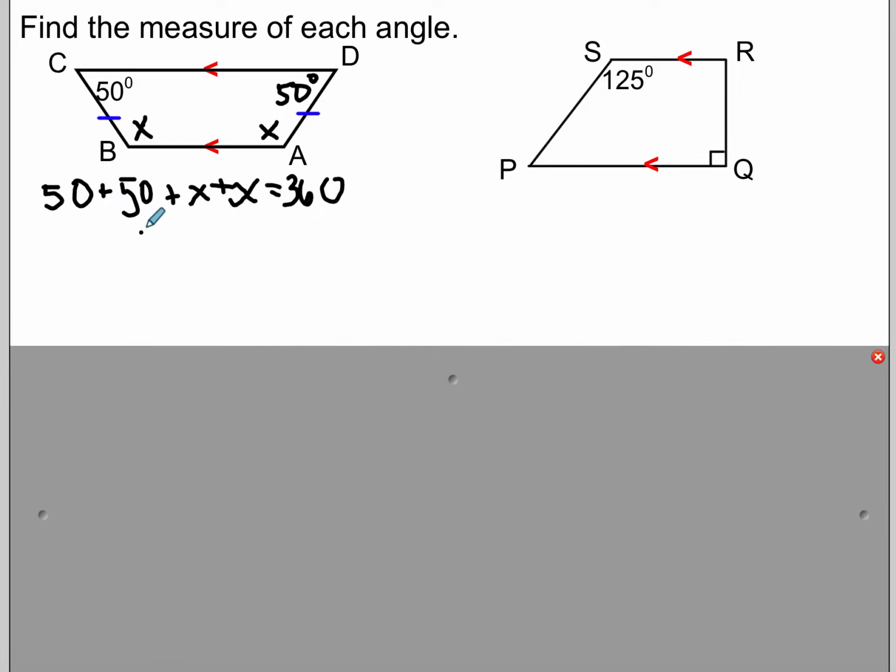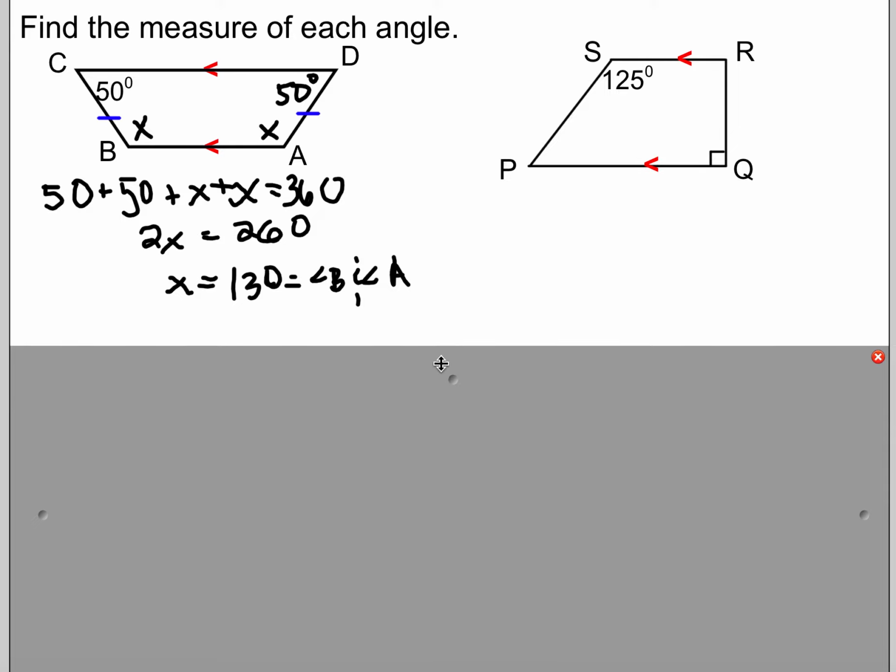I'm going to add these two x's together, so this becomes 2x equals 360 minus 100, which is 260, and then I need to divide 260 by 2, and x is 130, which, remember, x is the same as angle B and angle D. Oh, I'm sorry, angle B and angle A. I'll just erase that really quickly. Okay, so there we found the measure of each angle.